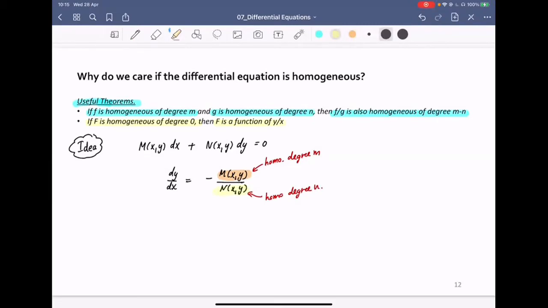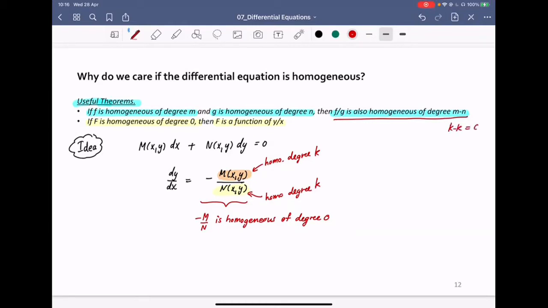Well, you know that the ratio here is going to be the ratio of homogeneous functions. And suppose that M and N have the same degree. Let's suppose that both of them are degree k, the same degree. Then you know immediately that negative M over N is going to be homogeneous of degree m minus n, which is k minus k, so this is degree 0.